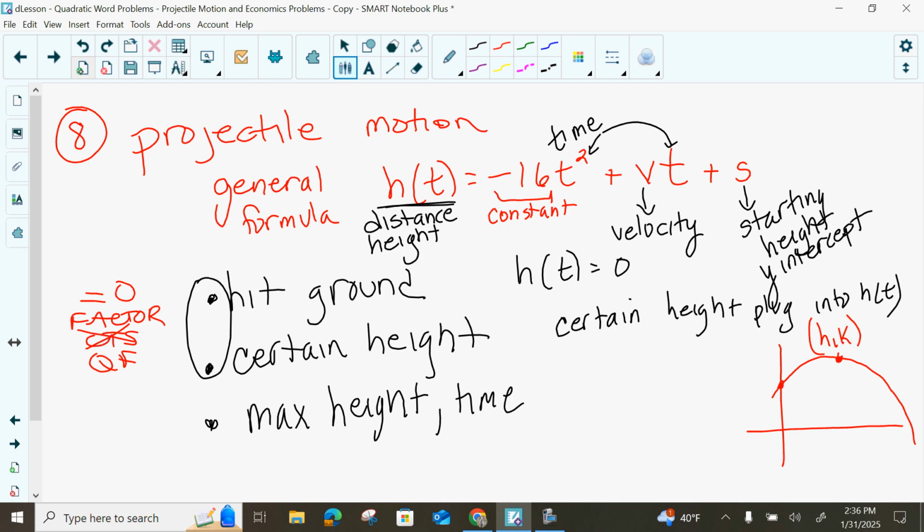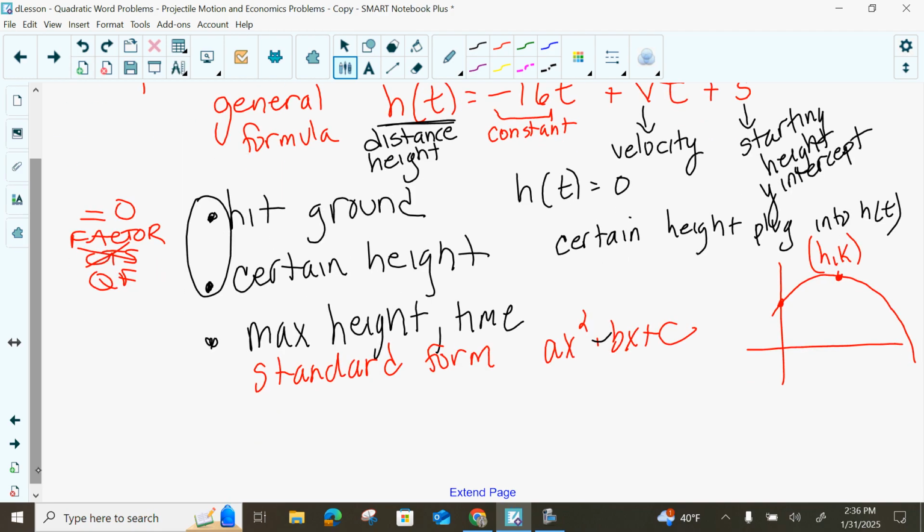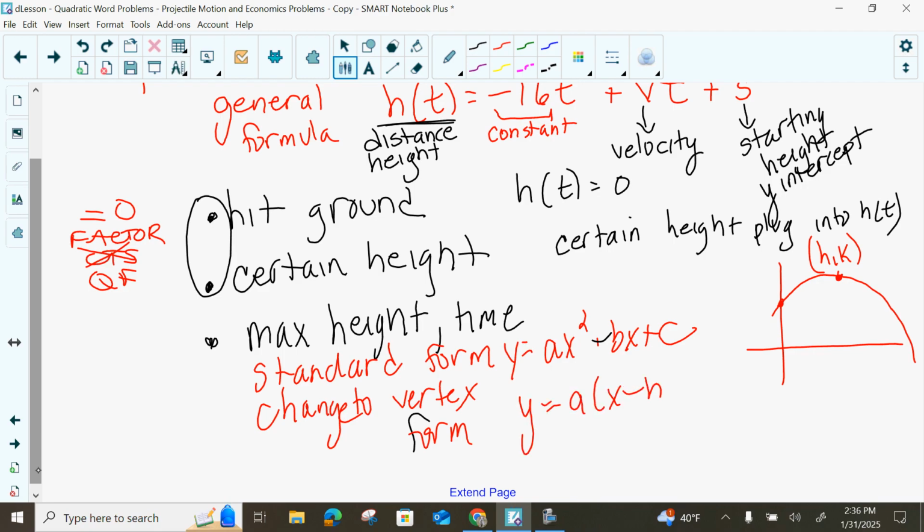Very good. So you are going to take standard form, which is ax squared plus bx plus c, and you're going to change to vertex form, which is y equals a times (x minus h) all squared plus k.